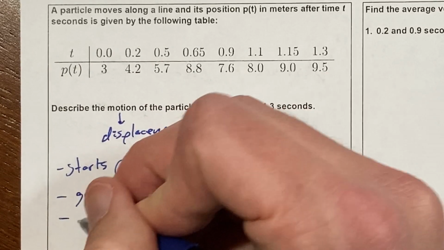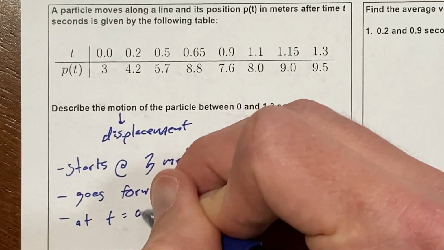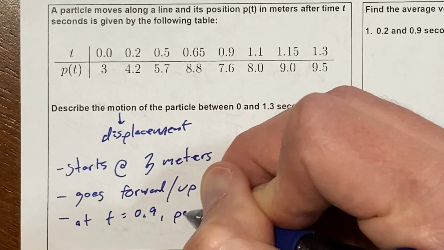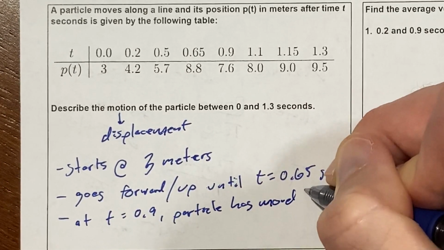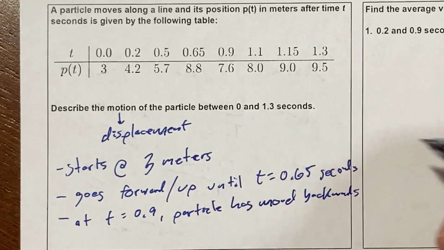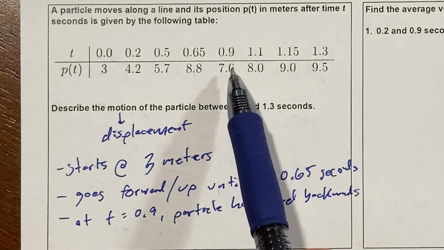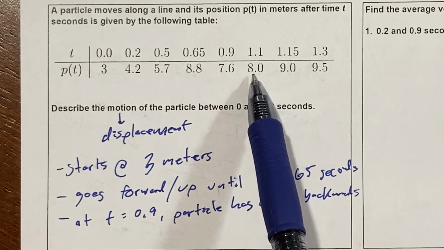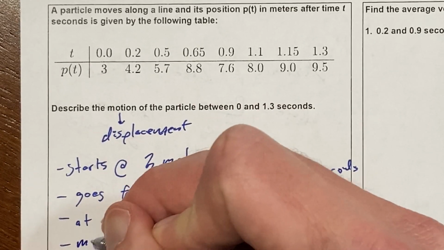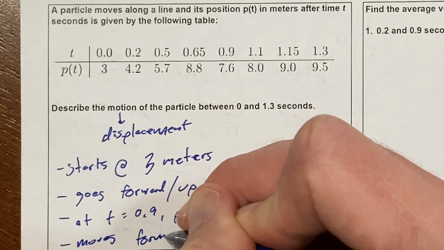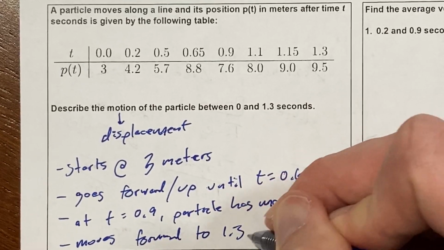So let's say at t equals 0.9, the particle has moved backwards, or you could say down, depending on what you set up there. Okay, so now we're at 0.9 seconds, and then it's moving back to 9.5. So let's just say it moves forward to 1.3 seconds.